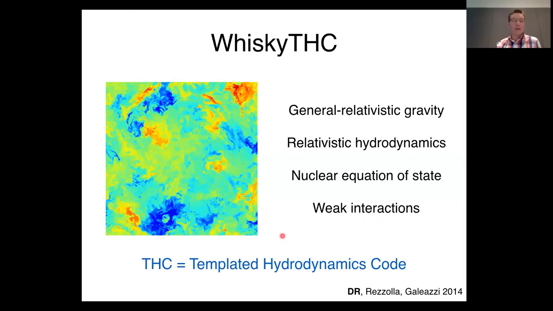If you're wondering about the name, THC stands for Templated Hydrodynamics Code, and templated stands for the fact that I use a programming technique called template metaprogramming. So this allows this code to be very flexible. I can easily plug in different numerical schemes or different physics ingredients and do simulations very quickly.